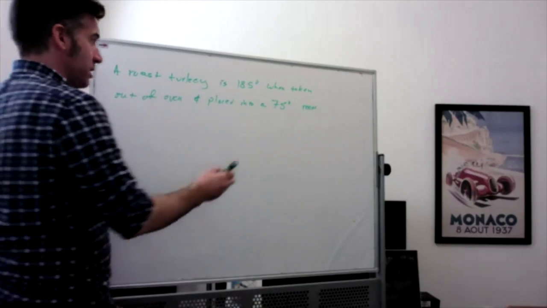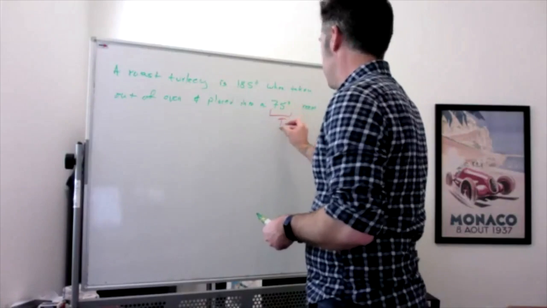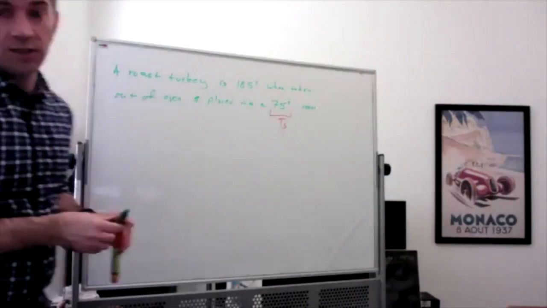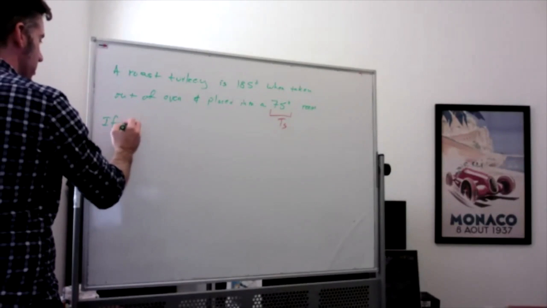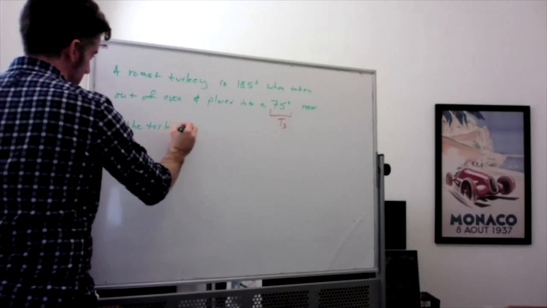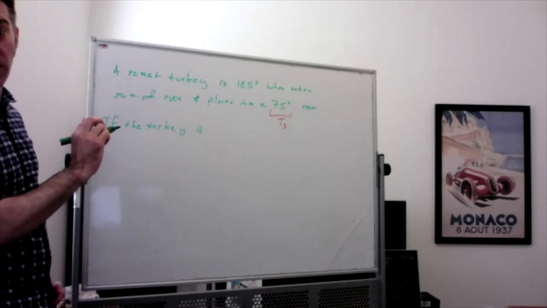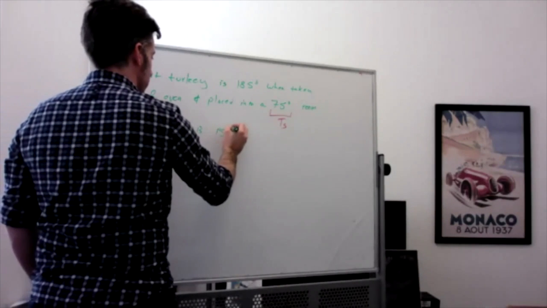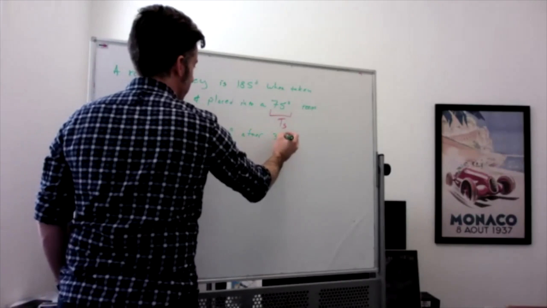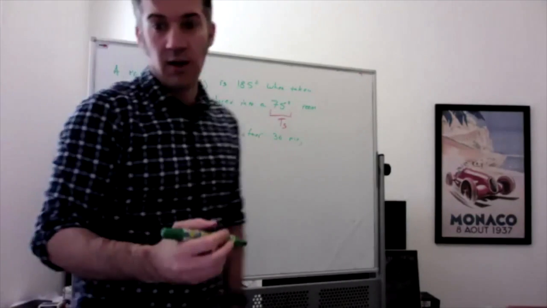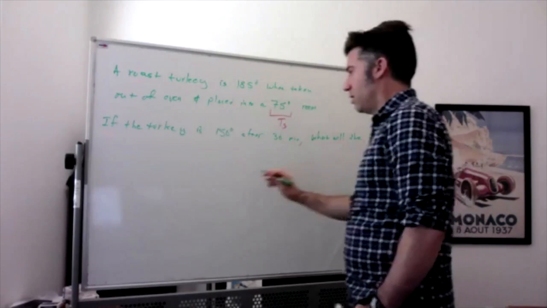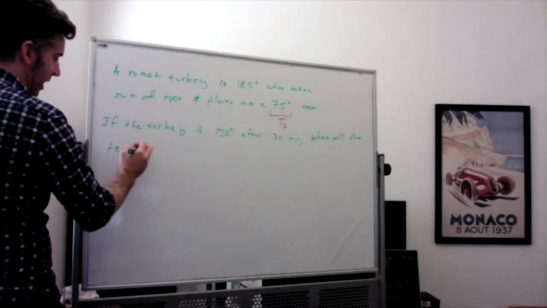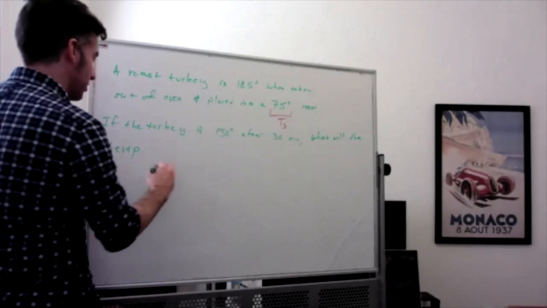So I'll point out, this 75-degree room, that's our surrounding temperature, our T sub S. And I need to give more information first. If the turkey is 150 degrees after 30 minutes, then what will the temperature be after 45 minutes? And when I say after 45 minutes, I mean 45 minutes after we took it out, not 45 additional minutes.